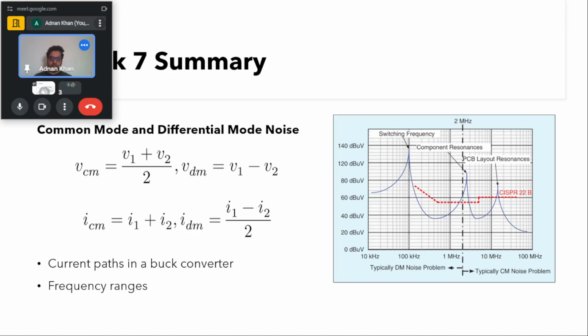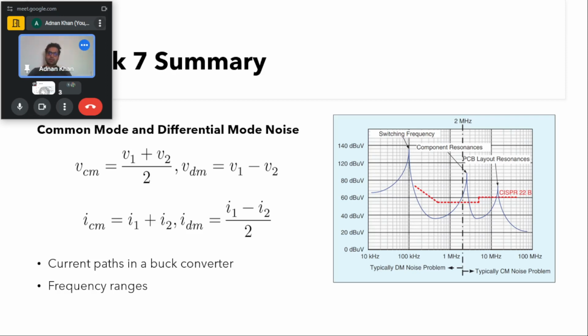And then there is PCB layout resonance. Because of the PCB layout, if we have components with physical connections made through wires and so on, that may have higher parasitics.